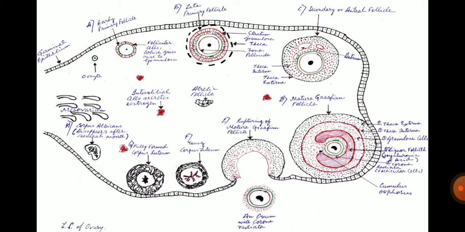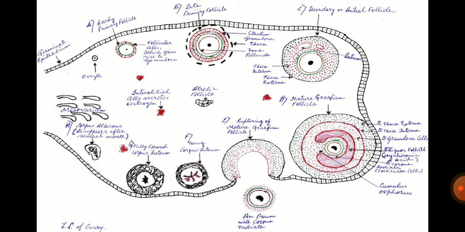Then there is the formation of the Graafian follicle, which shows the oocyte surrounded by the zona pellucida, which is in turn surrounded by another layer called the corona radiata. Further, it is surrounded by the antrum, a cavity, outside which there are the membrana granulosa layers formed of follicular cells, and finally the two theca coverings, the theca externa and the theca interna, surrounding the Graafian follicle.